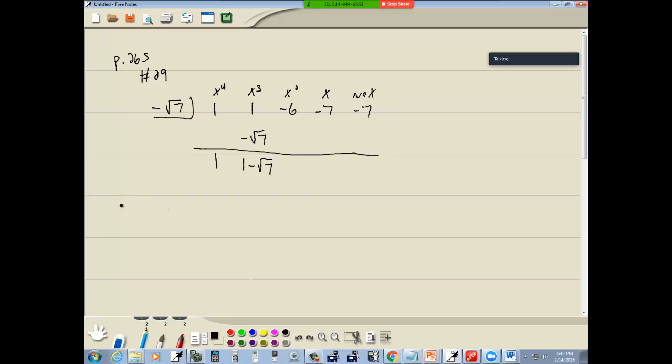Now you multiply. So you take negative square root of 7 times 1 minus square root of 7, which is negative square root of 7 times 1, negative square root of 7. Negative times negative is positive, and square root of 7 times square root of 7 is 7. So this is 7 minus square root of 7.